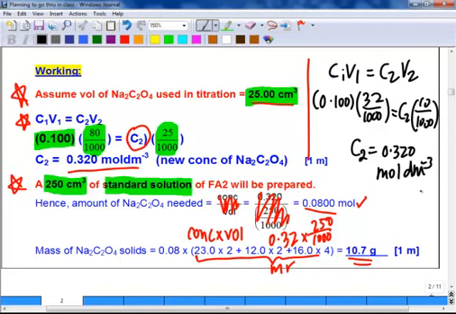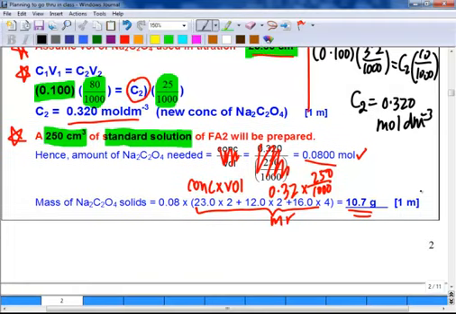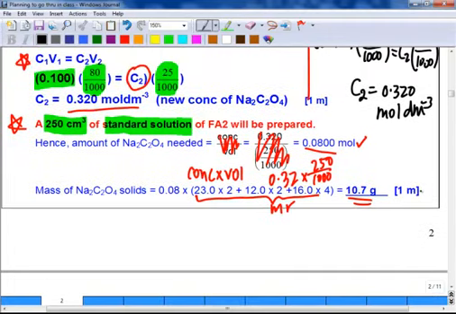Okay, last step already. The next part, part D and part E, is important because it talks about the procedure. These two procedures will be the ones that you need to know for mid-course.